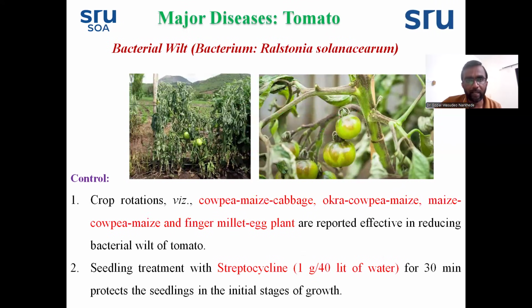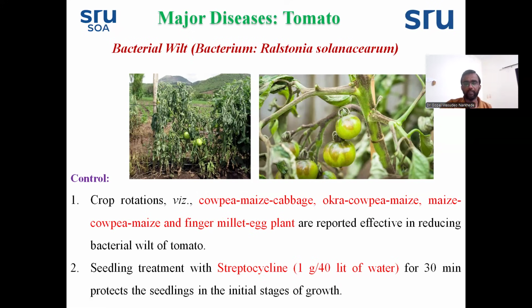Then the next is bacterial wilt. It is also one of the severe diseases, which is caused by the bacterium Ralstonia solanacearum. Here you can see simultaneously the symptoms on the plant as well as on the fruit. So the foremost important control is crop rotation.